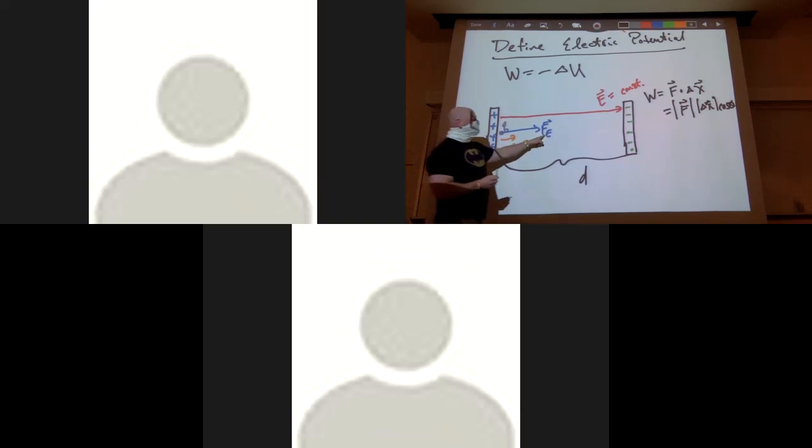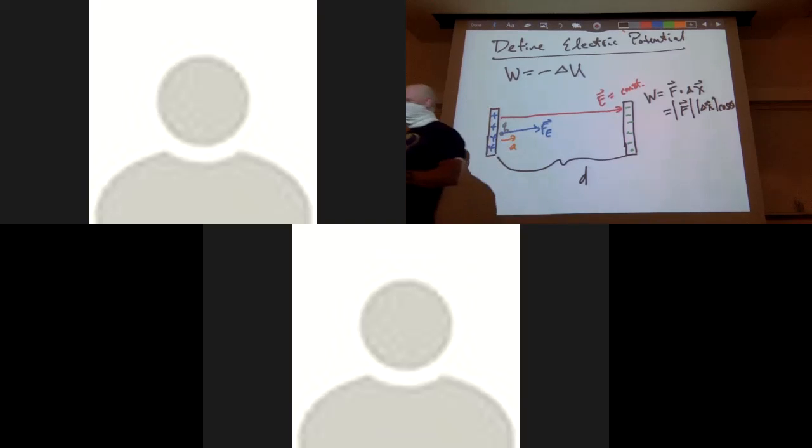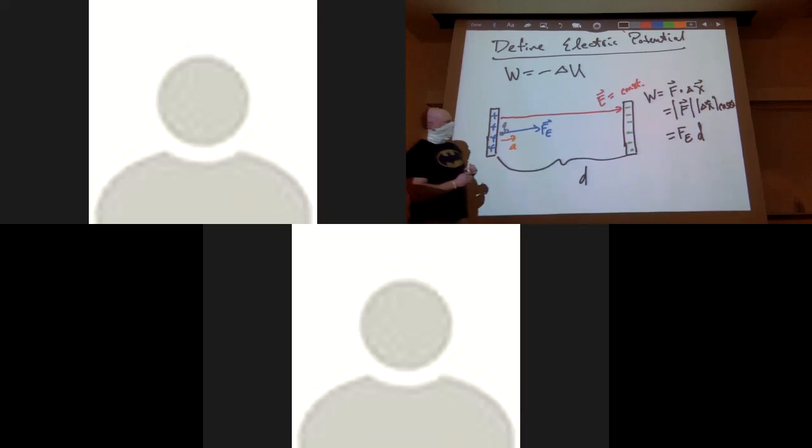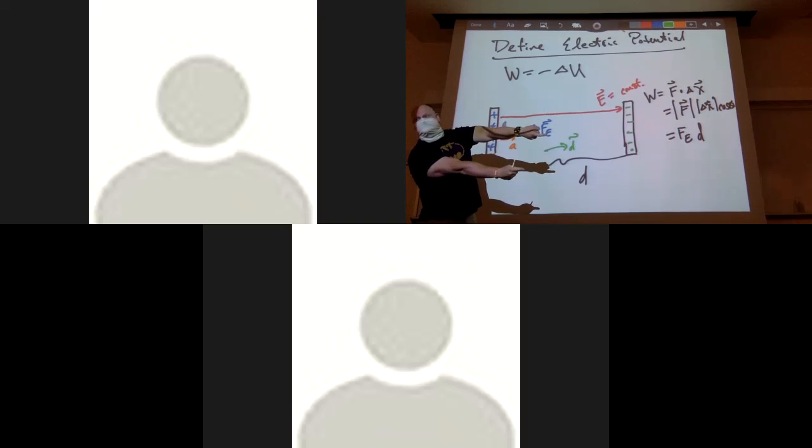Now here, the force is the electric force, and the distance it's going to move is the total distance across the plates, which is d, times cosine of the angle between the two. In this case, the displacement is this way. If I drew a displacement vector, it would point in this direction. So my displacement vector is this way, my force is this way, so what's the angle between the two?